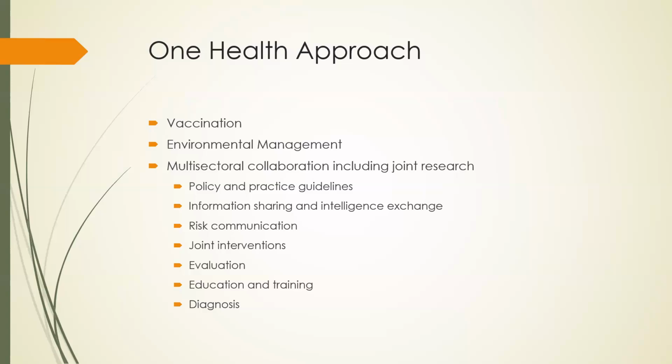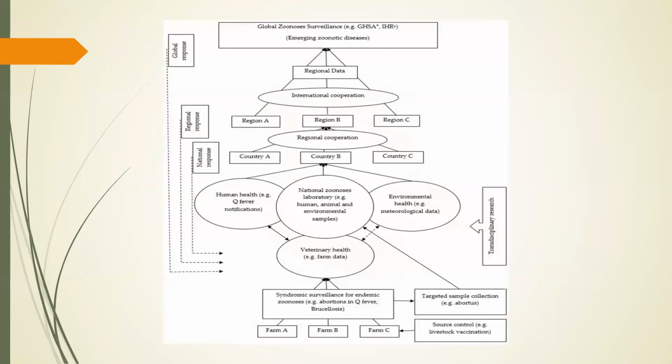Joint interventions are required for the control of the disease. Regular evaluation of the disease is also required. Education and training, as I told in the last slide, is very important, specifically for health workers, whether animal health workers or human health workers. Proper diagnosis and reporting is also important.